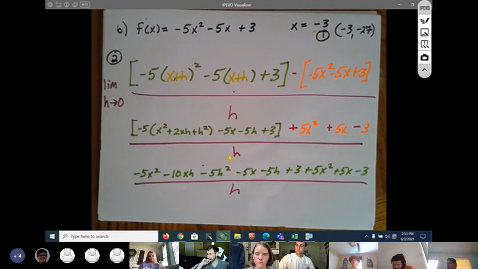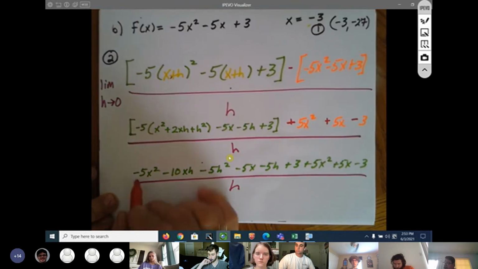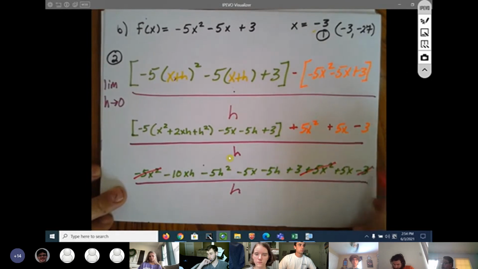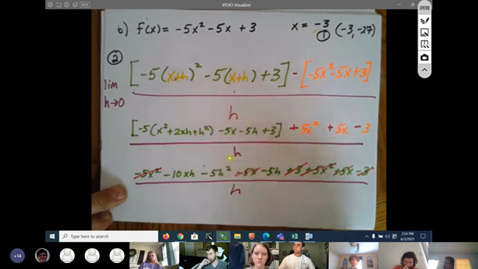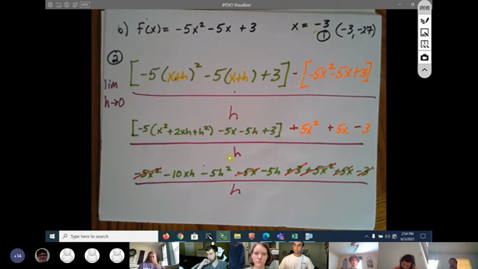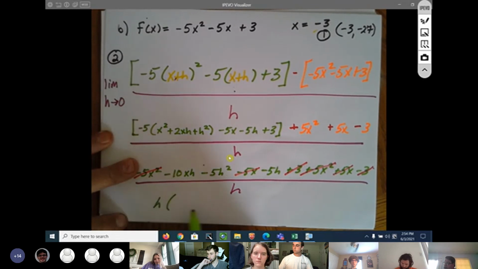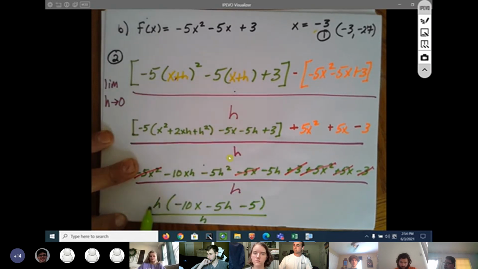Let's get the red pen out. That 5x squared cancels with this 5x squared. That 3 cancels with that 3. And that 5x cancels with that 5x. I can factor out an h with these 3 terms: negative 10x minus 5h minus 5, over h. And the h's cancel.